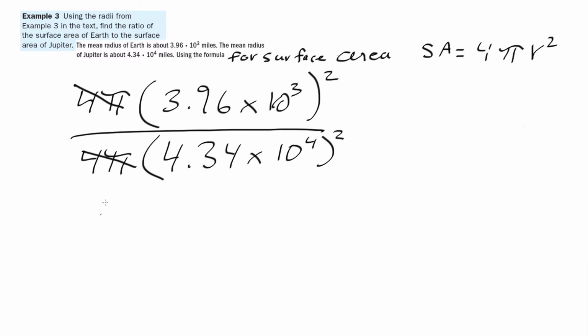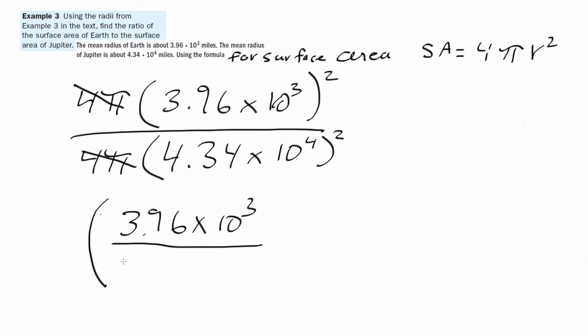I have 3.96 times 10 to the third over 4.34 times 10 to the fourth, this whole thing squared. These powers have the same base. I subtract 4 from 3, I get a -1, which means I just have a 10 here, so I can cancel out that 10 to the third.